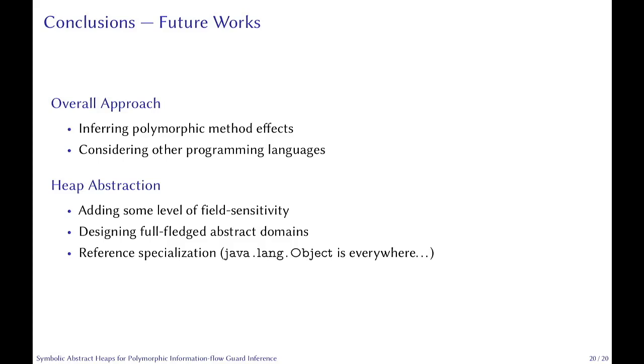We should consider other programming languages, because other languages might allow us to refine the kind of aliasing relations and heap-related relations we consider, therefore reducing the number of variables in the symbolic system, etc. Obviously, there's the field sensitivity, etc. Changing languages also would allow us to avoid the big problem that references to objects are everywhere in the Java world due to generics, collections, etc. And that makes it hard to simplify the potential relations we can observe.